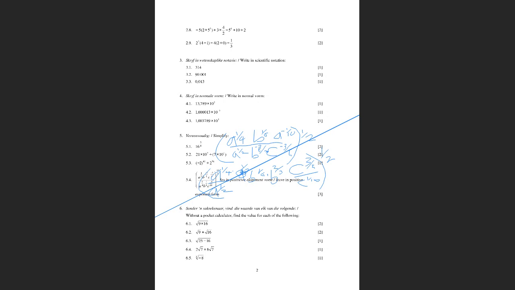Then here we can have A. I can now do the laws of exponent. 1 over 4 minus 1 over 2. Then I can have B 1 over 6 plus 2 over 3.